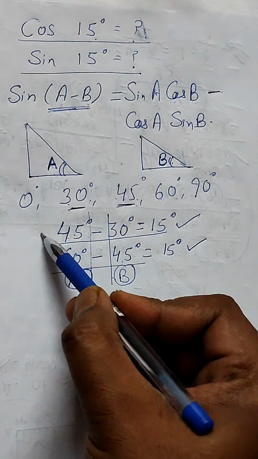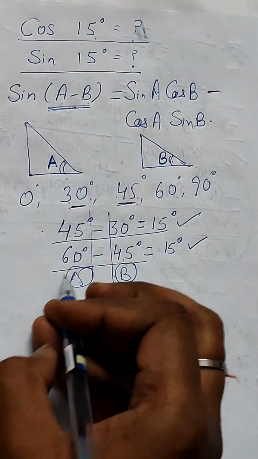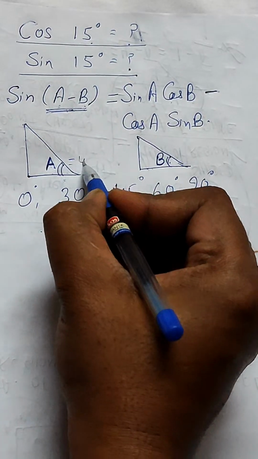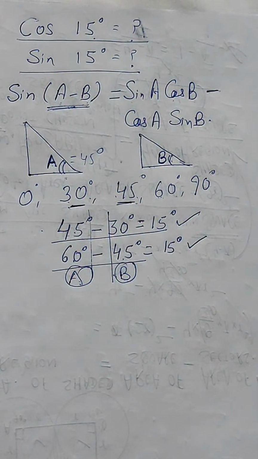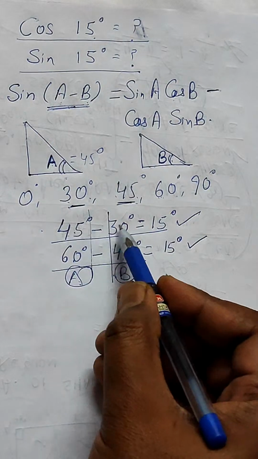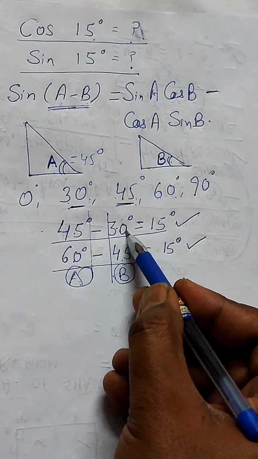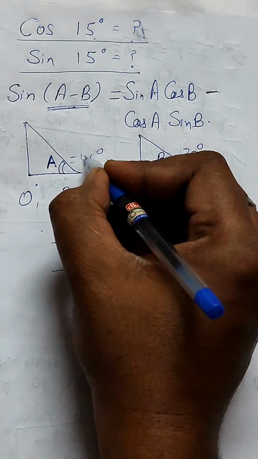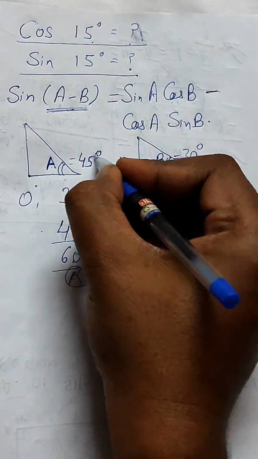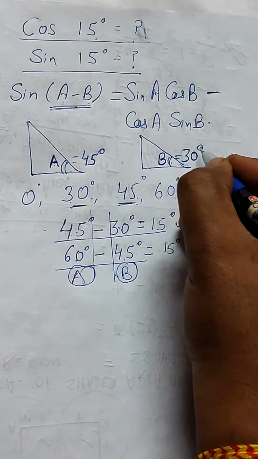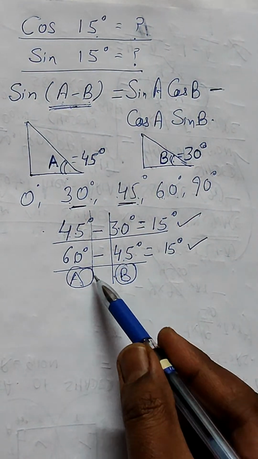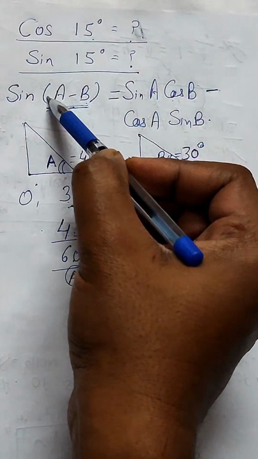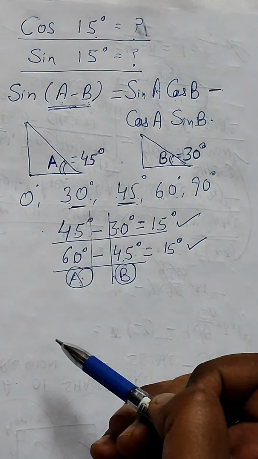So I am selecting the first one, that A is equal to 45 and B equal to 30. So just put the values into the above formula. Then what we will get?